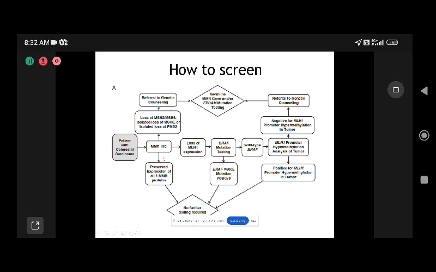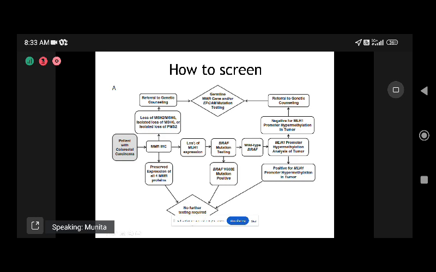So this is what helps us in screening. If in the MMR-IHC it is apart from MLH1, if it is MSH2, PMS2 or MSH6 which is involved, then you can straight away refer to genetic counseling, and germline testing for Lynch syndrome should be done.